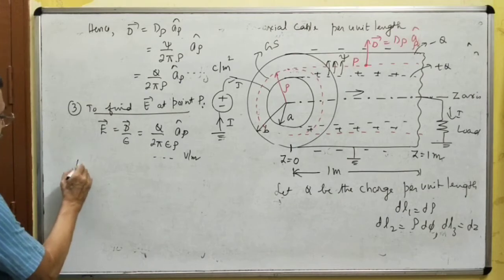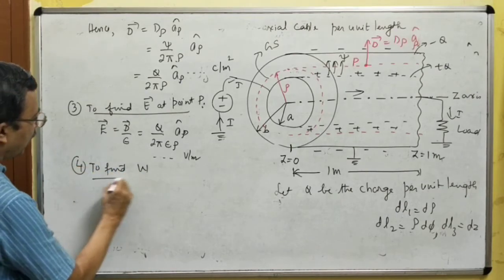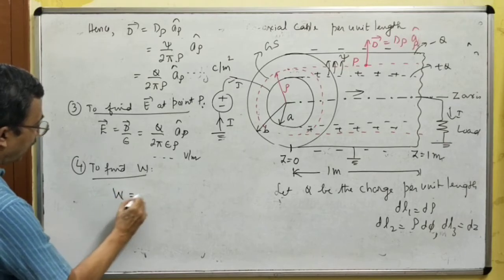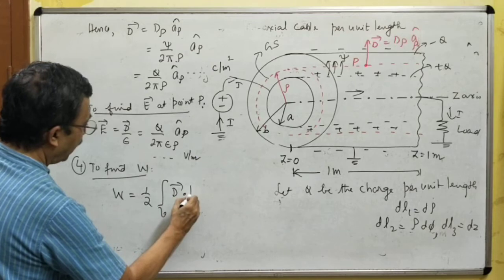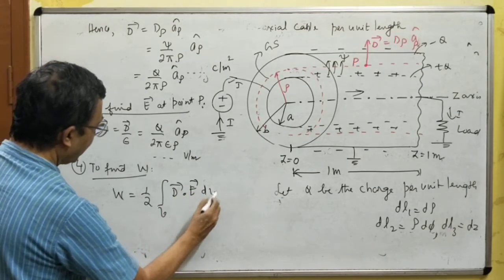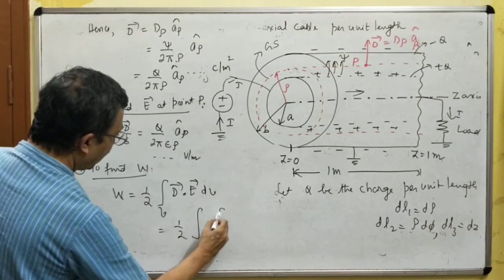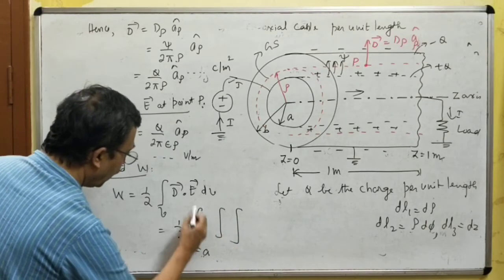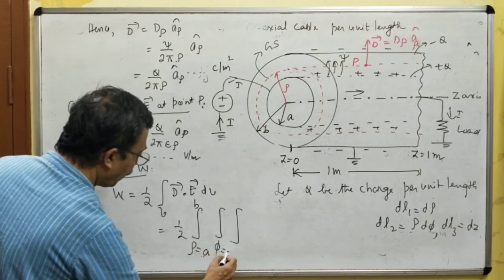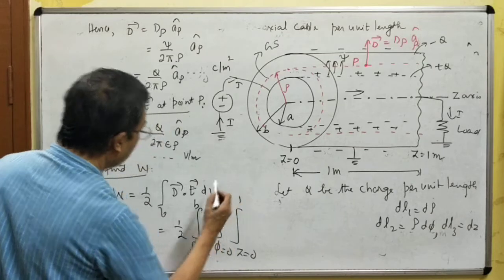Next step, to find W. What is W? Energy stored. What is the formula? W is equal to half into the volume integral of vector D dot E dV, which is a triple integral. Rho varies from A to B, phi varies from 0 to 2 pi, z varies from 0 to 1.